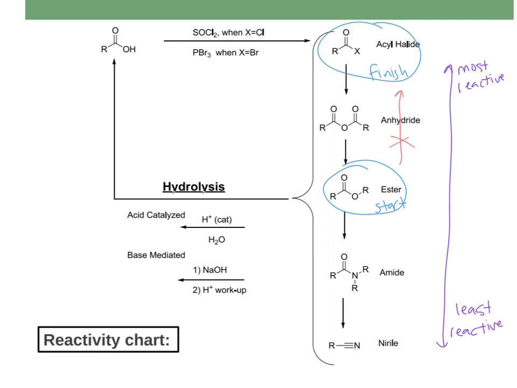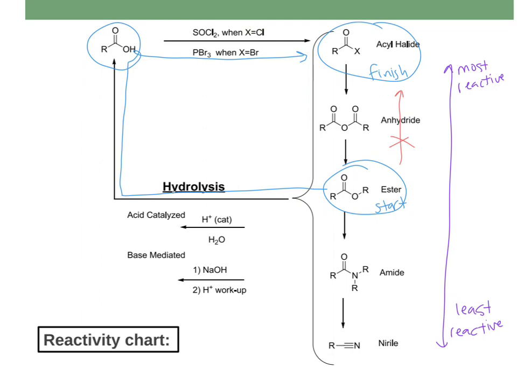What I have to do instead is take the ester and hydrolyze it using one of those two methods, either the acid catalyzed or base mediated, to turn it into the carboxylic acid, and then go from the carboxylic acid over to the acyl halide using SOCl2 or PBr3, right? So I can't move directly up this, I have to move through hydrolysis, through the carboxylic acid, and go back up that way. And then I can move down from acyl halide into anything I want. You just add the thing you want. But we'll talk more about that when we talk about acyl halides.